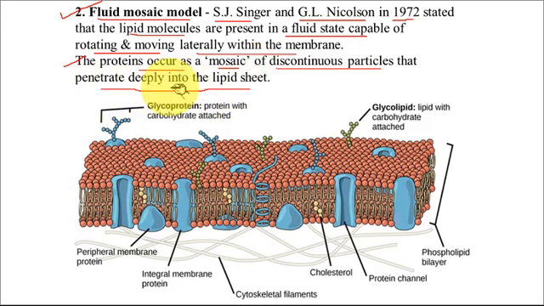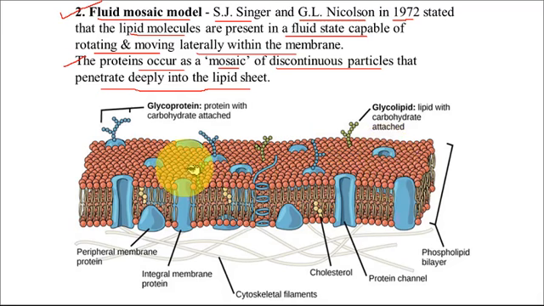So if you look at this picture, you can see that this whole thing, the phospholipid bilayer, is just like a seabed, in which you find globular proteins in a mosaic sort of pattern, just like icebergs floating inside a sea.